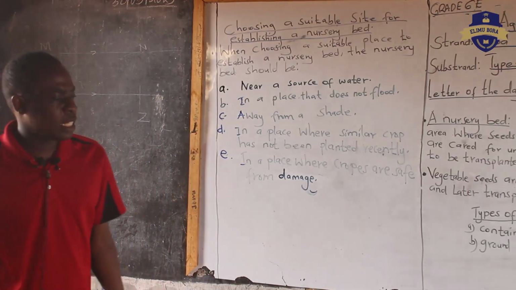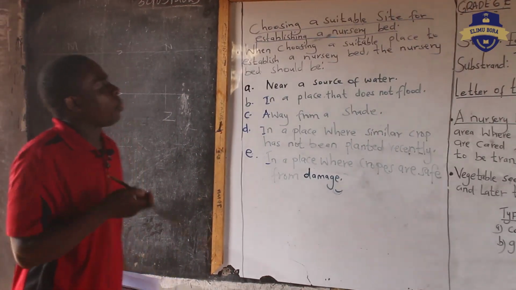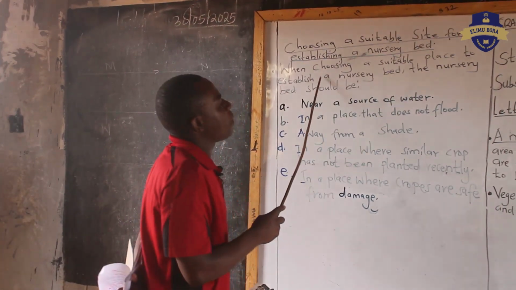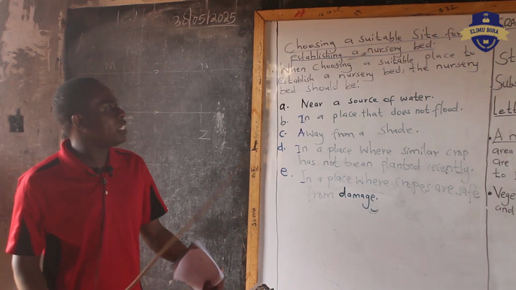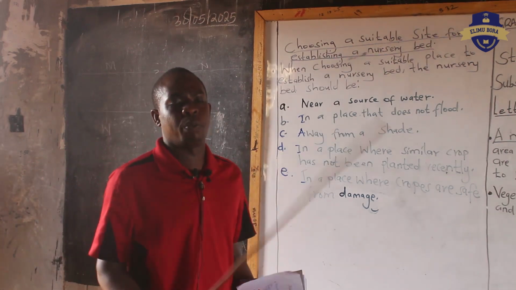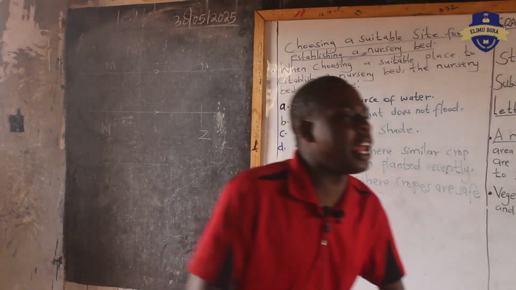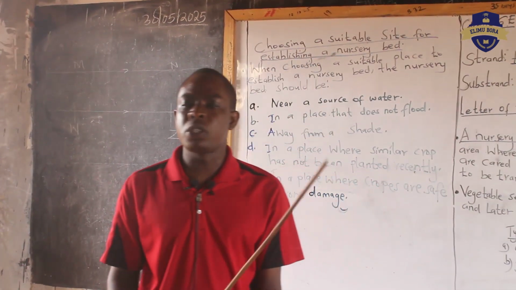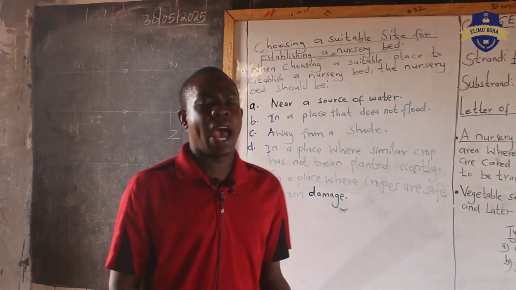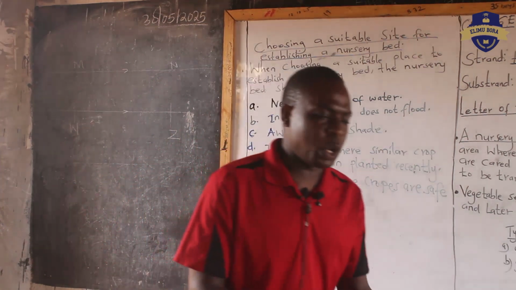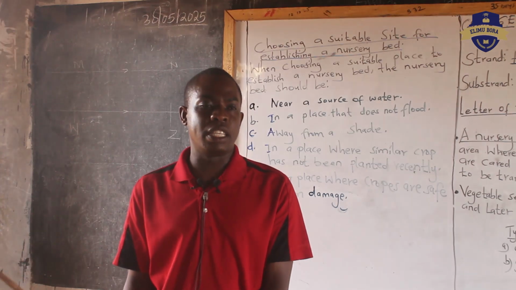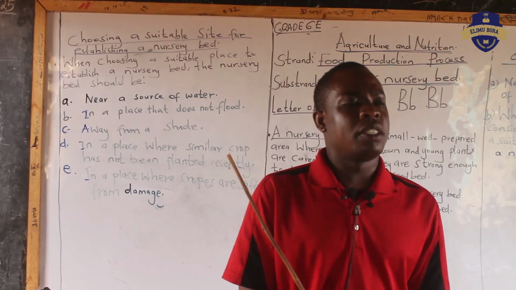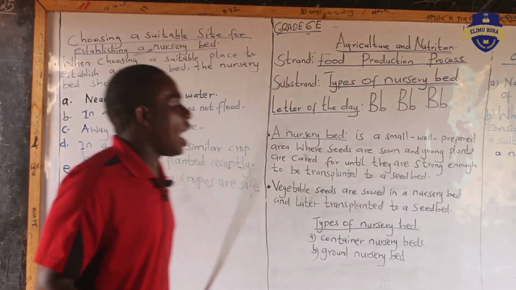Now, here we have choosing a suitable site for establishing a nursery bed. When we say choosing a suitable site, it means that we cannot go anywhere and plant our seeds. We are supposed to find an area where the soil has nutrients, isn't it? The soil is well drained for growing our seeds.